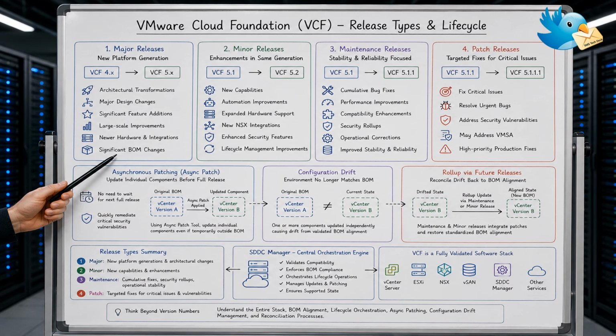Then next is the patch release. Patch releases are targeted corrective updates. These releases are mainly designed to address critical bugs or any urgent production issues. When I say urgent production issues, we can take the example of security vulnerabilities. You might have seen VMware releasing security vulnerabilities in the VMSA, right?